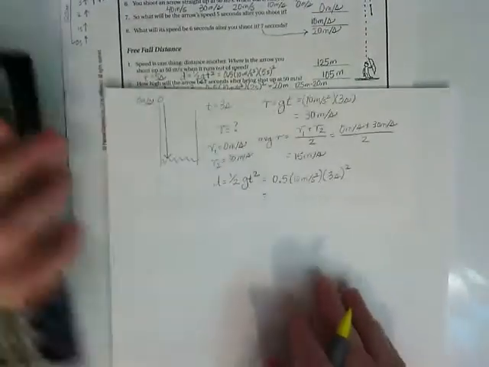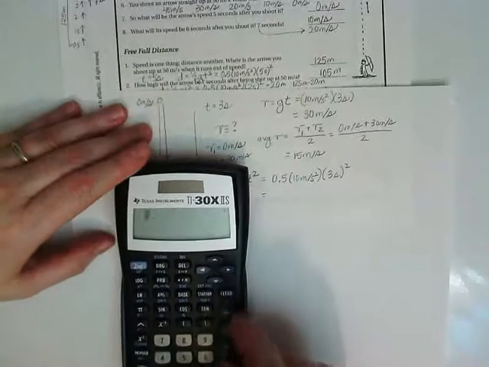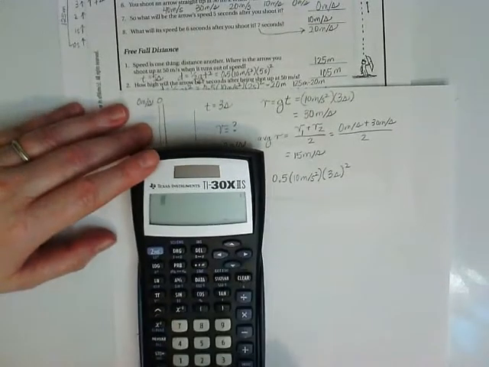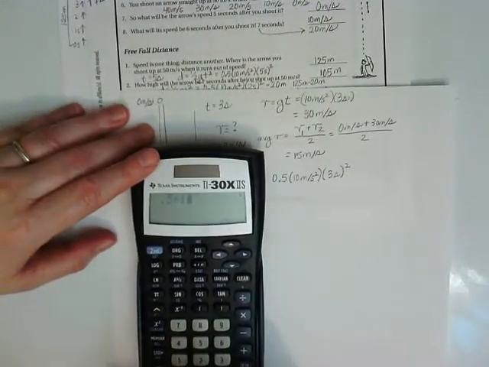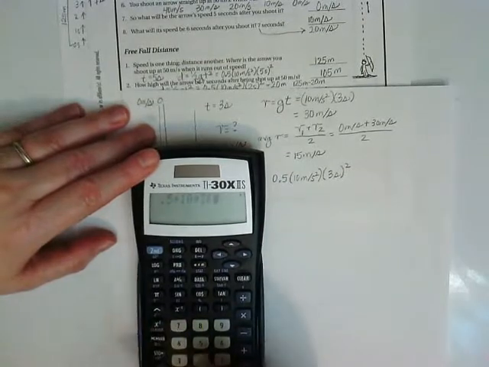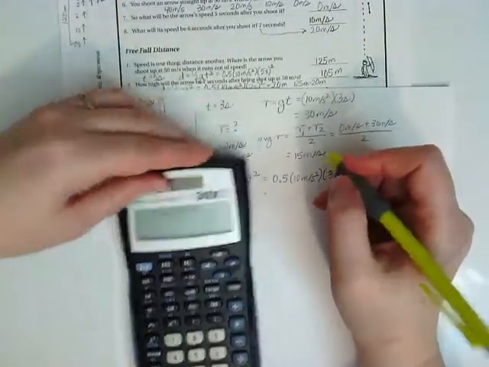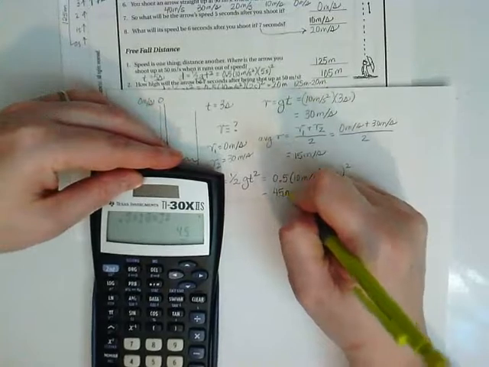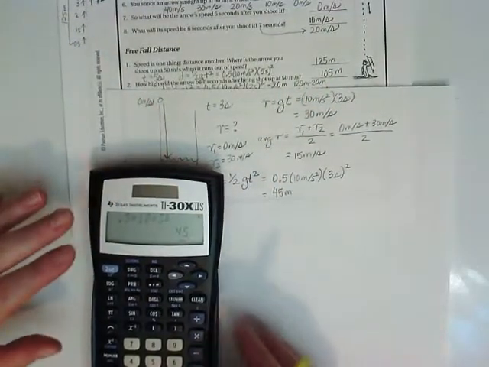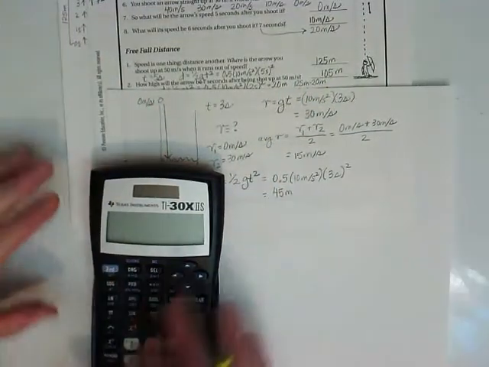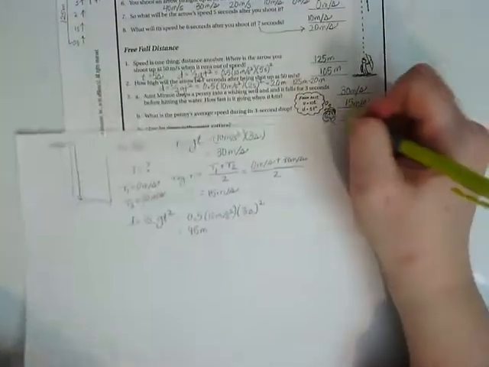So again, I put that in my calculator. And 0.5 times 10 times 3 squared is 45 meters. So how far down is that water? It is 45 meters.